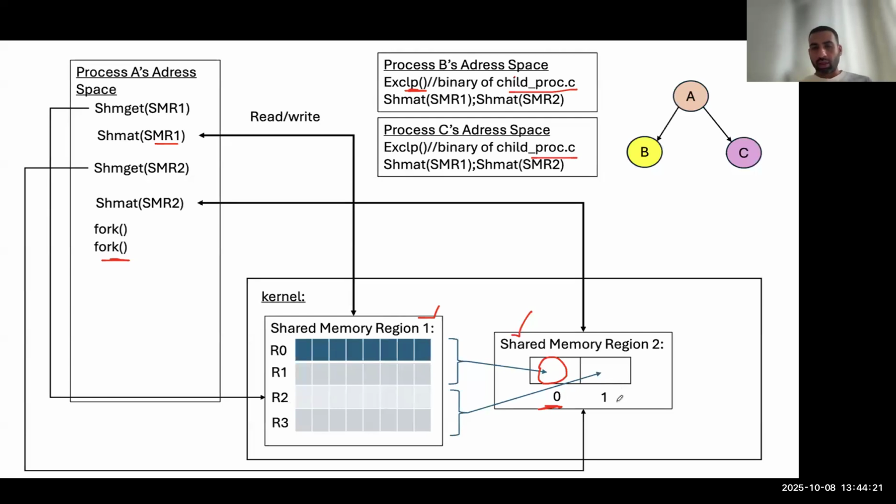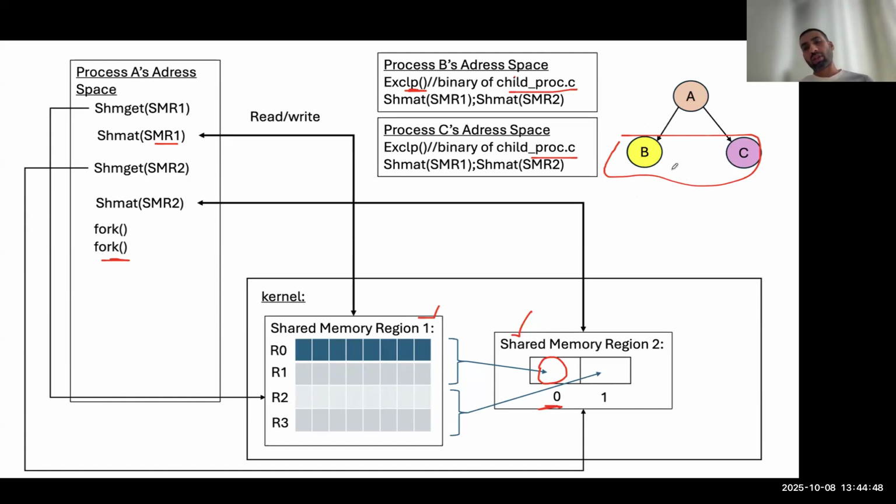And then the final thing, which is not shown here, is that when all these child processes, in this example we have only two, are done calculating the partial sums of the rows, the parent process, process A, needs to wait for process B and C to complete.